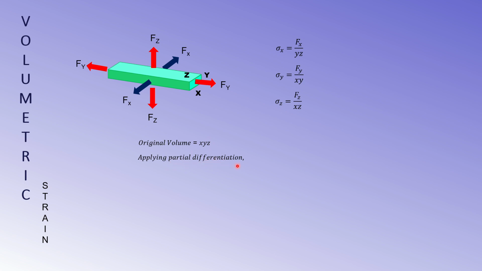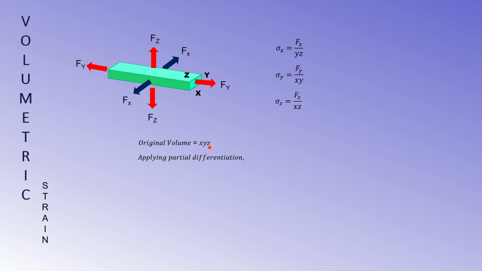Partial differentiation basically says that when you take volume changes with respect to x, you are assuming that the volume only changes because of the x length changing, but not the y and z lengths at that moment.